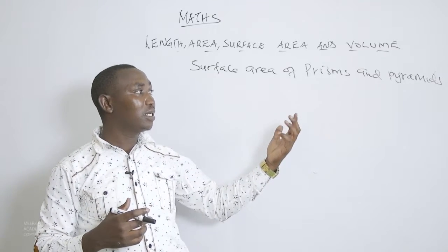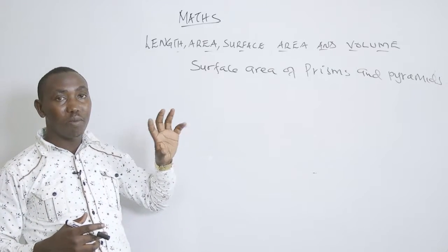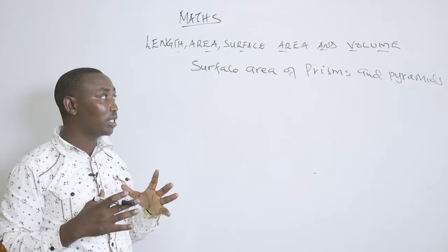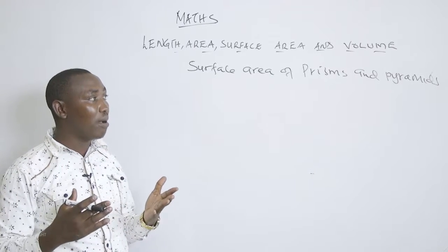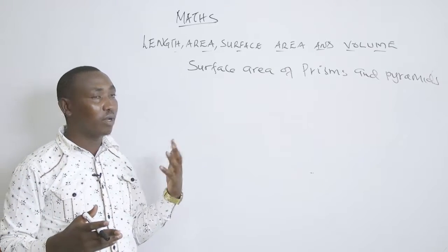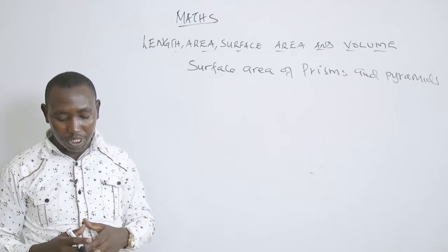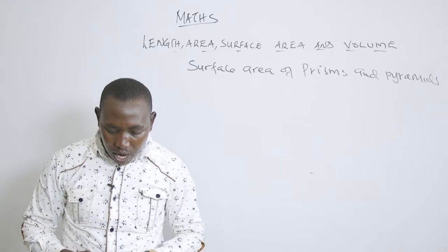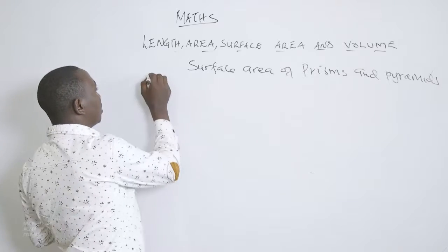For you to be able to find the total surface area of prisms, you need to understand the different shapes that make up those particular prisms. We can have rectangular based pyramids or prisms, triangular based pyramids or prisms, and so forth. So it is important that you understand those shapes. We are going to consider a number of examples on how we can find the surface area of prisms and pyramids.